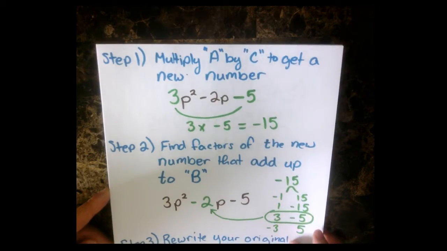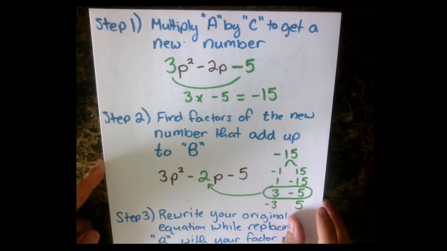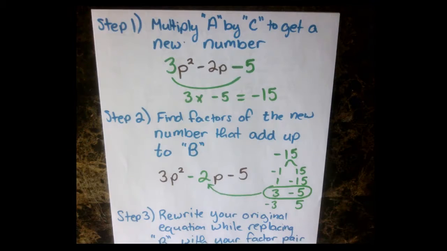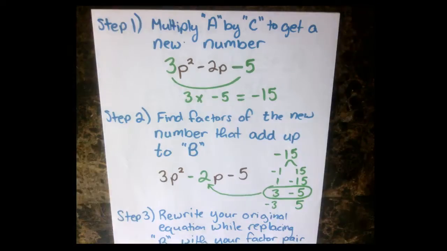But what we're going to do, and don't let all this confuse you, I'm just putting it on the screen so you can start writing it if you want. Feel free to pause. I'm not sure if I'll get all this page on one screen, but we'll get you a chance to copy all of these. Feel free to pause anytime in the video. So what we're going to do is we're going to break down this value of 3p squared minus 2p minus 5.